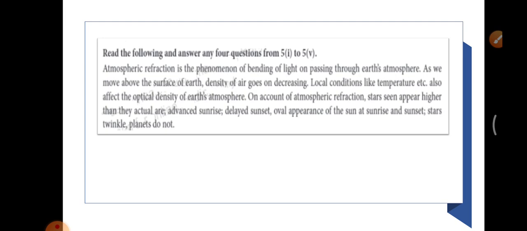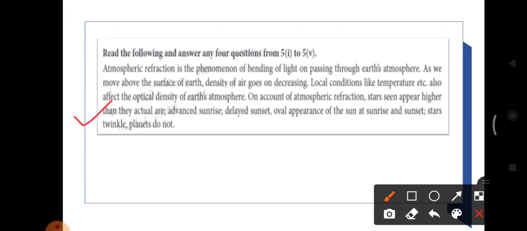Local conditions like temperature etc. also affect the optical density of Earth atmosphere. On account of atmospheric refraction, stars seen appear higher than they actually are. Advanced sunrise, delayed sunset, oval appearance of the sun at sunrise and sunset, stars twinkle and planets do not twinkle. Do you understand this paragraph?